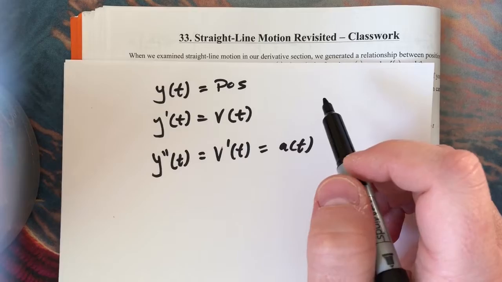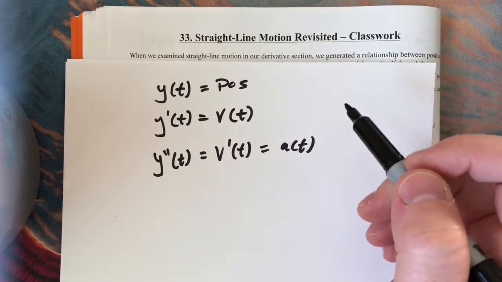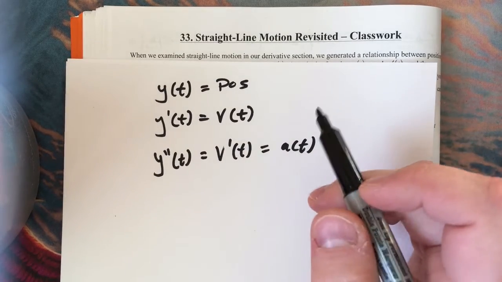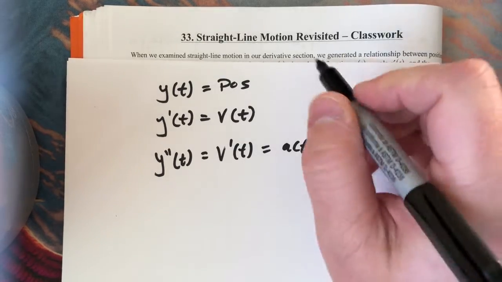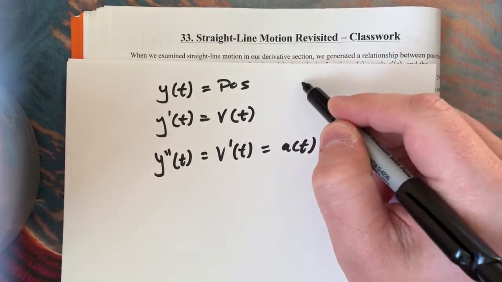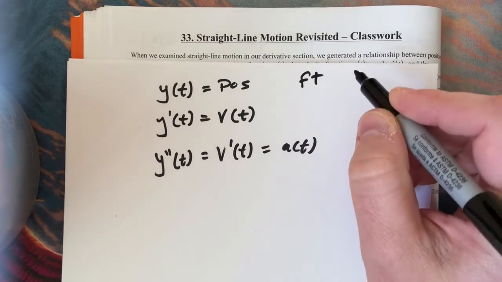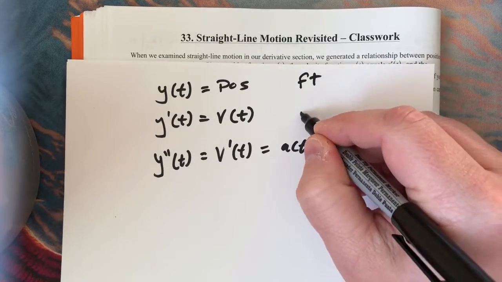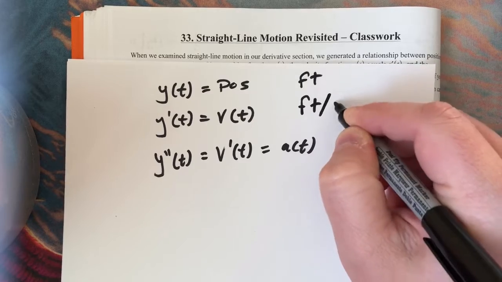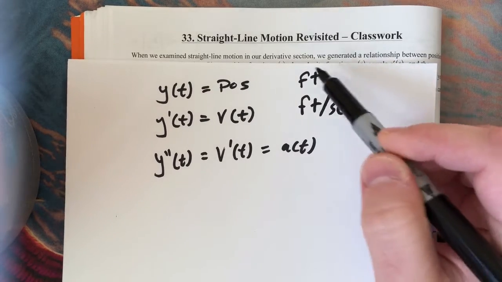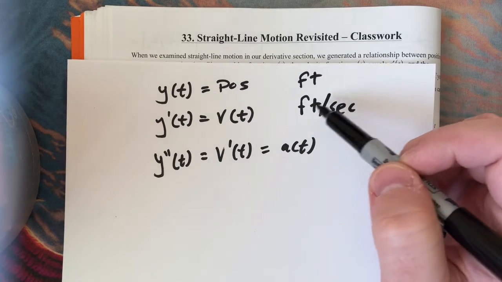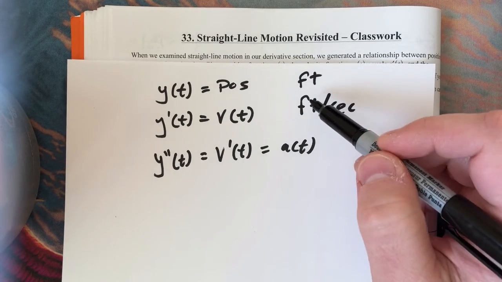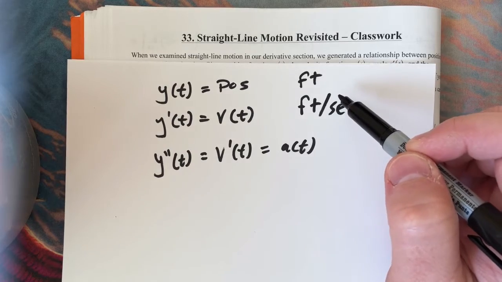In this class, we don't deal with metric units like meters and meters per second, we deal with imperial units. Position would be in feet or inches or something like that. Velocity is going to be in feet per second. These can change. Instead of feet, it could be miles, and instead of feet per second, it could be feet per hour. But it's distance per time.